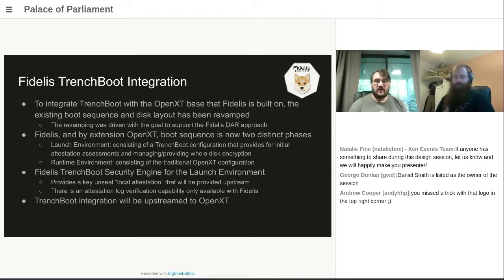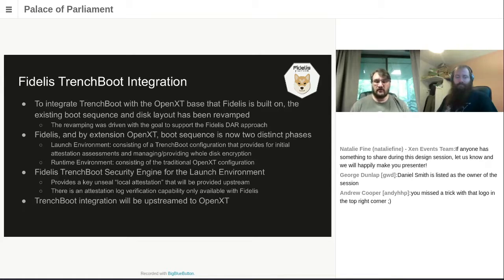And in doing that, we've broken this boot sequence for OpenXT into 2 phases. We have our launch environment and we have our runtime environment. Each of these gives us a different place to make both encryption decisions as well as integrity assessments.